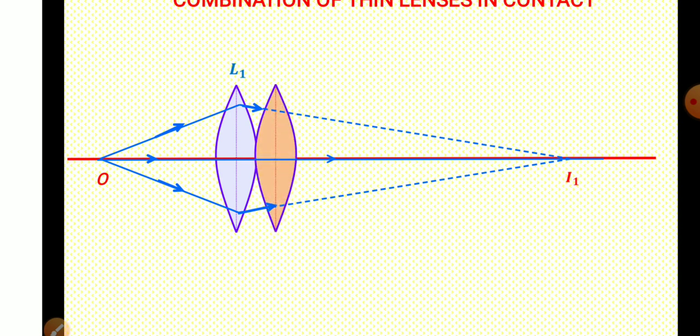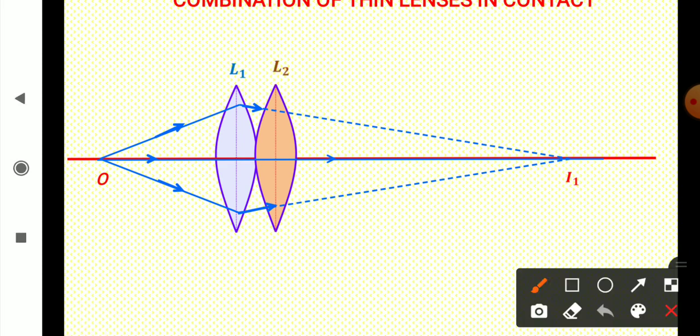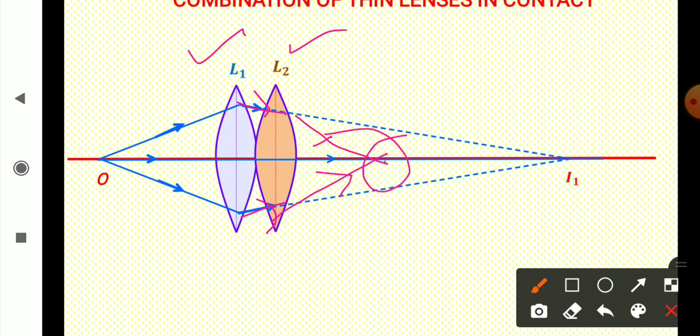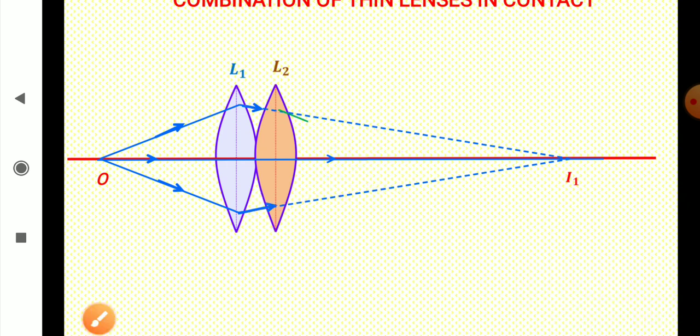And if another lens L2 is placed in contact with L1, you see that this ray is coming along this direction, and a convex lens is always a converging lens. Converging lens means bringing the rays closer. So this will bring the rays closer to the principal axis and the image should be formed here. So see what happens.